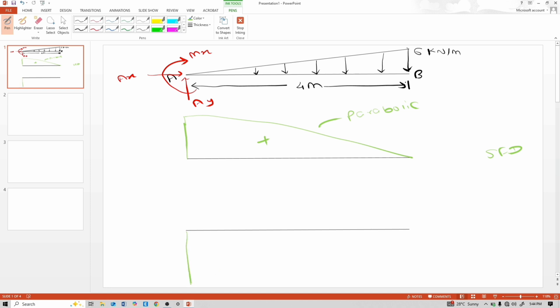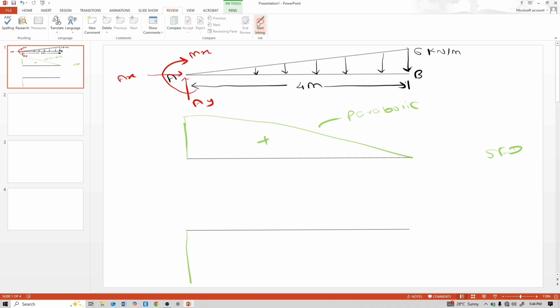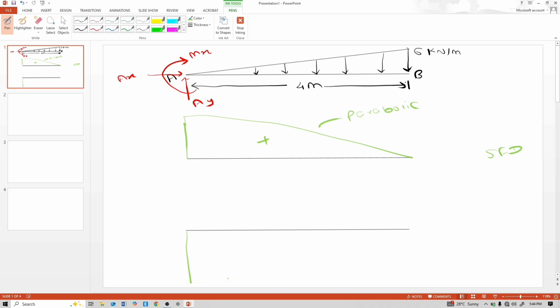Moment is like this or like this. See here load is minimum, so slope is also minimum. So slope minimum, that means this is like this.